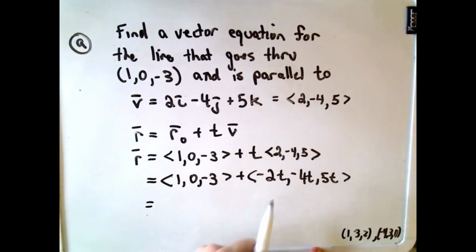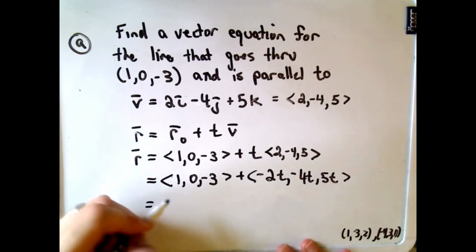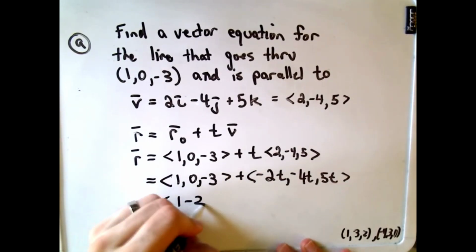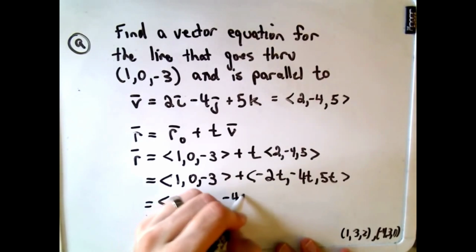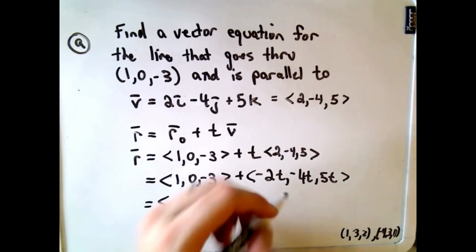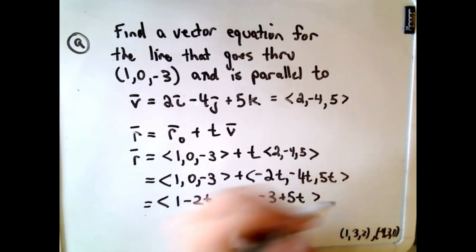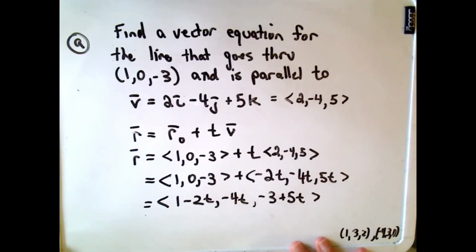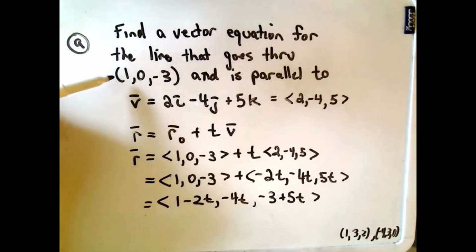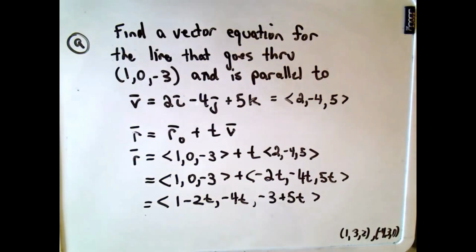And with vectors, you add them each component, so we'll get simply 1 plus 2t, we'll get negative 4t, and then when we add, we'll get negative 3 plus 5t. So this is a vector equation that represents the line that goes through the point 1, 0, negative 3 and is parallel to the specified vector. You could even specify, sometimes they'll ask about the parametric equations for the line.